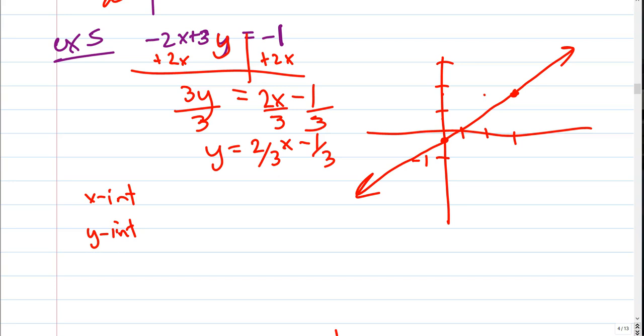But let's see what happens. Well, the x-intercept is where y equals 0, right? So I can take the original equation and basically put in a 0 for the y.